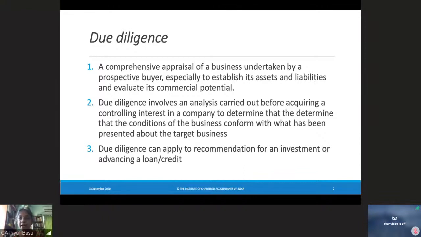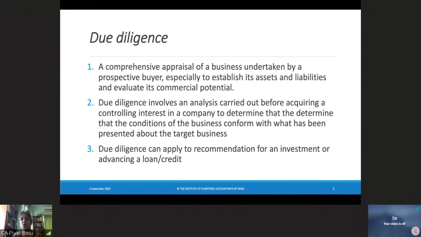It involves an analysis carried out before acquiring a controlling interest in a company to determine that the conditions of the business conform to what has been presented about the target business. It is not only a rosy picture; it actually is what it claims to be. The investor has some expectations, and the other party has presented the business as per those expectations.